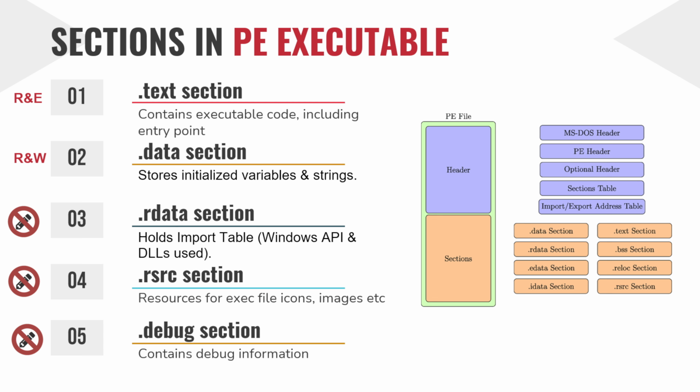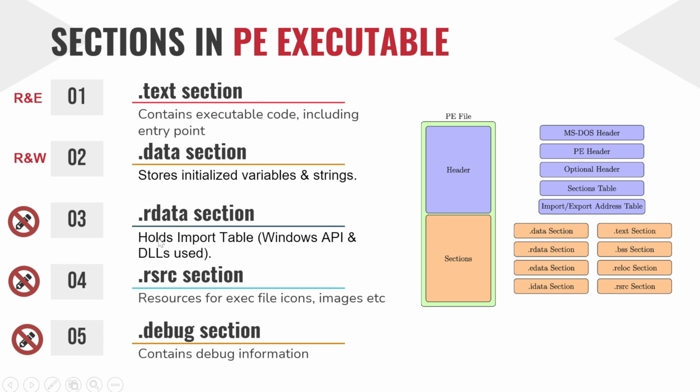It is actually the entry point from where the code execution begins. That is why it is given read, write and executable permissions. Next is the data section, which is used to store initialized variables and strings. Data section also has read and write permissions.